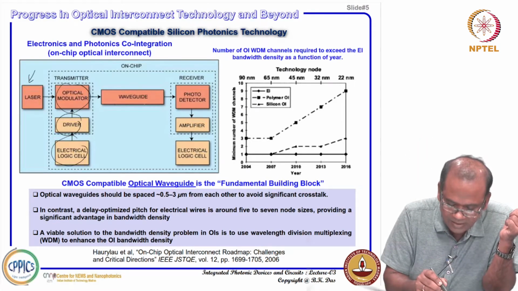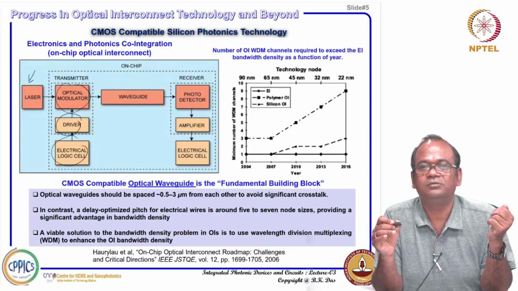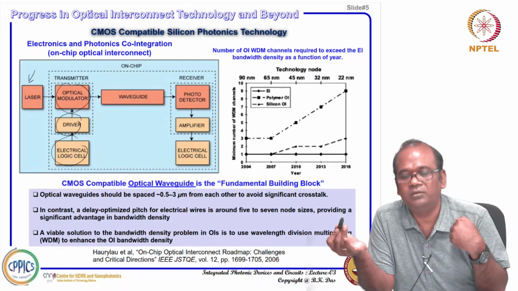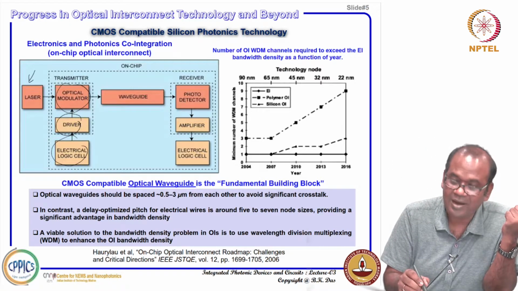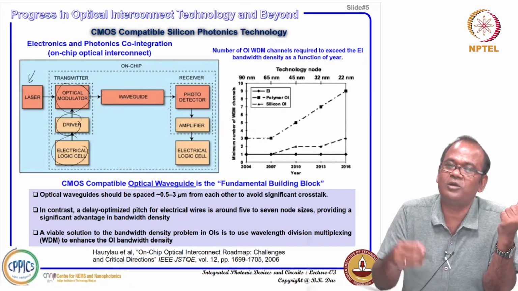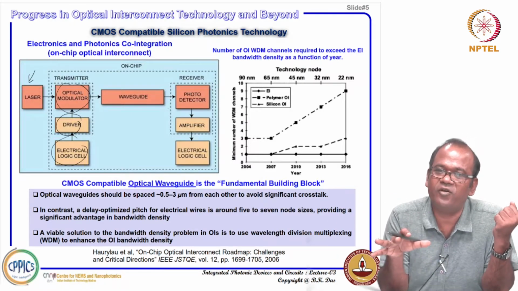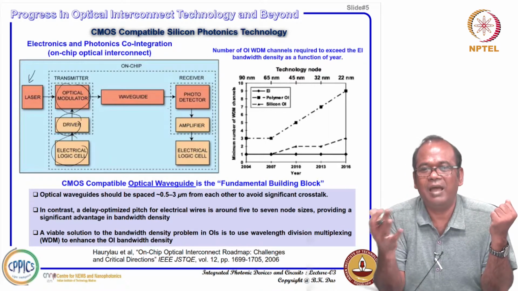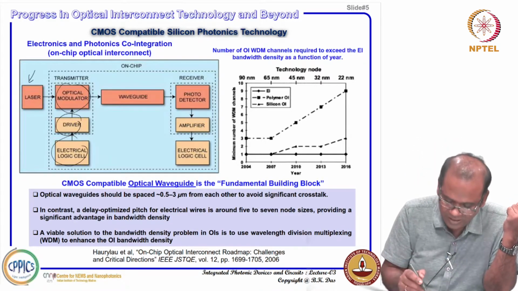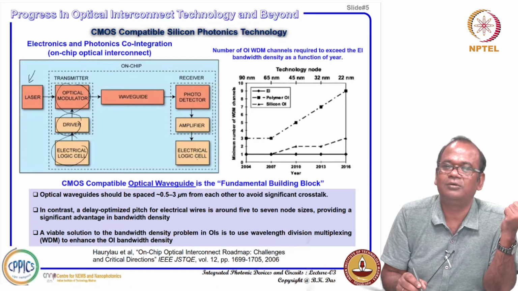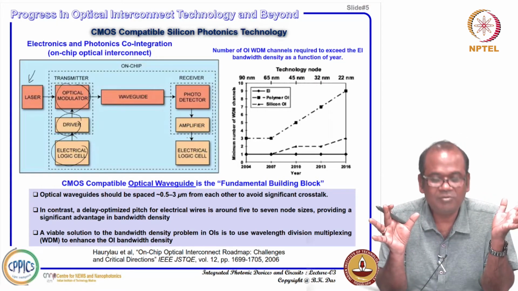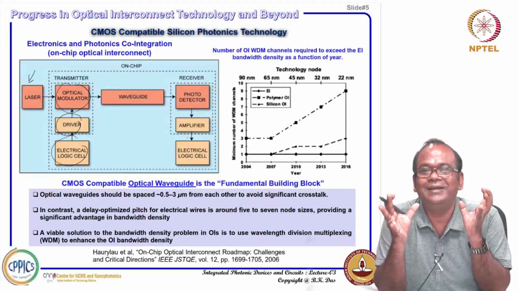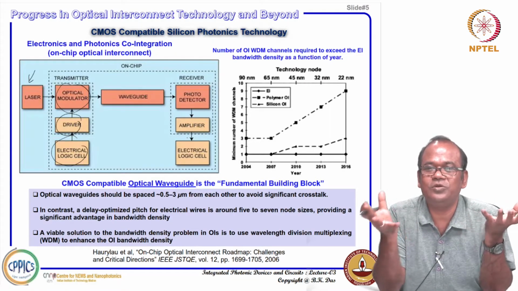So, that waveguide can carry the information in the optical domain, and then deliver it to a photodetector placed remotely within the chip, within the wafer, convert back into an electrical signal, amplify that electrical signal and feed it into another electrical logic cell. In this way you can actually solve the interconnect bottleneck within the chip, within the wafer.